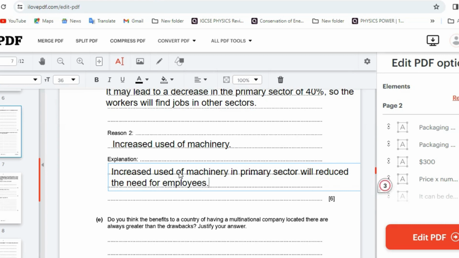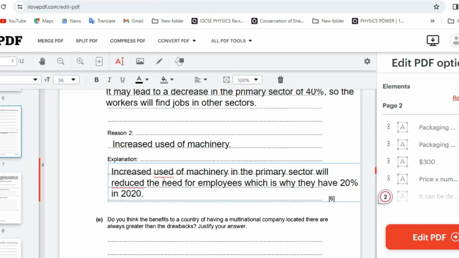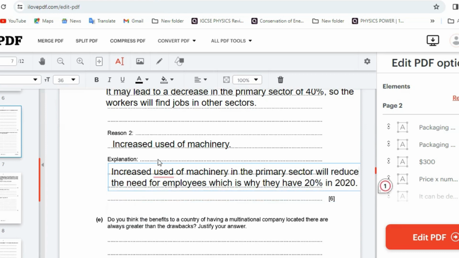You can also put your application, that is why they have 20% in 2020. Yes, that's it. You've answered their question, which will reduce the application.